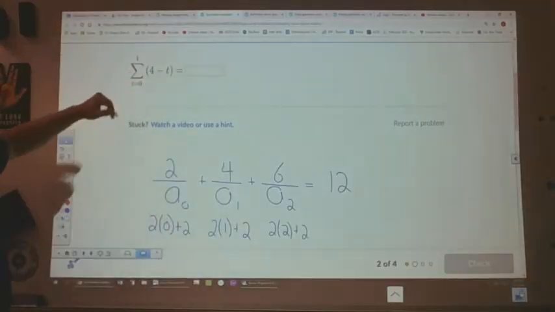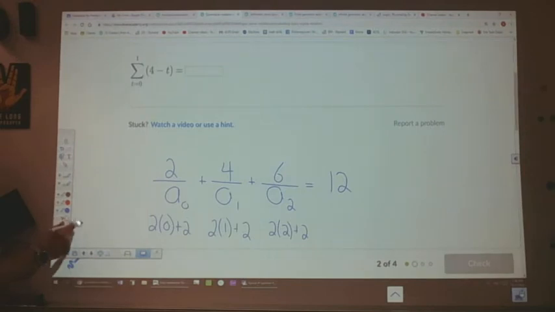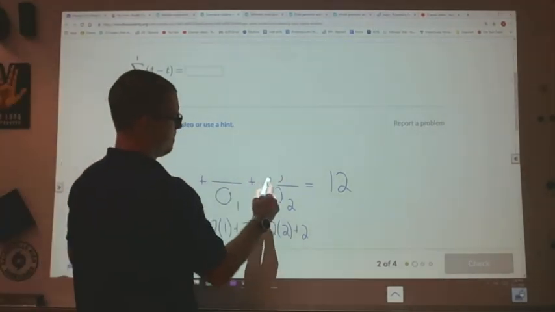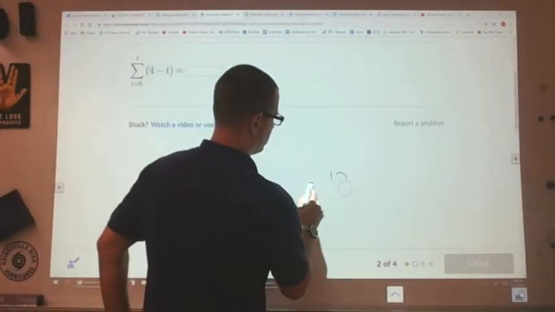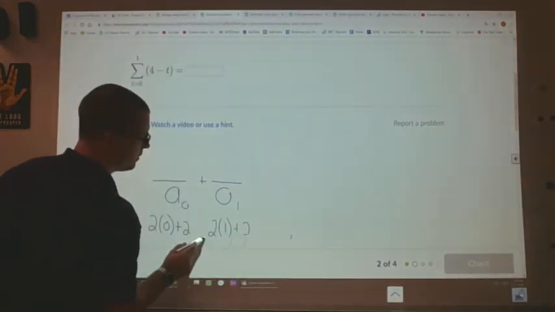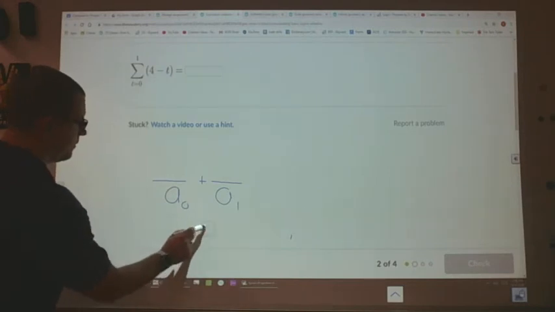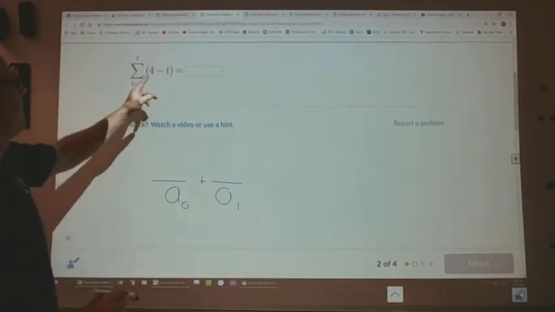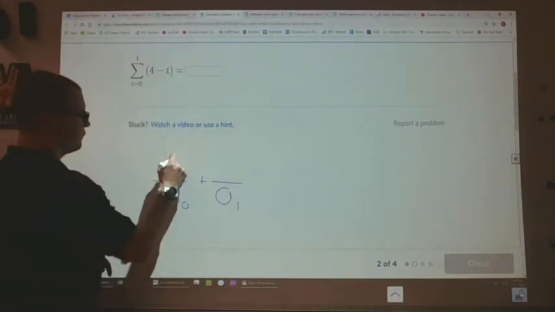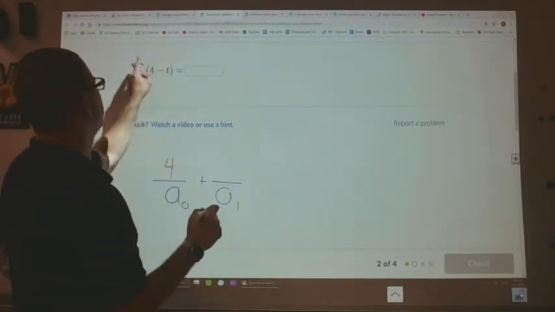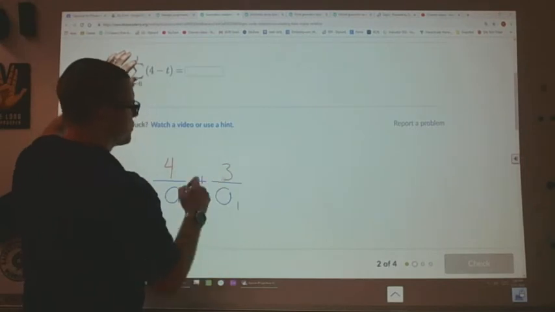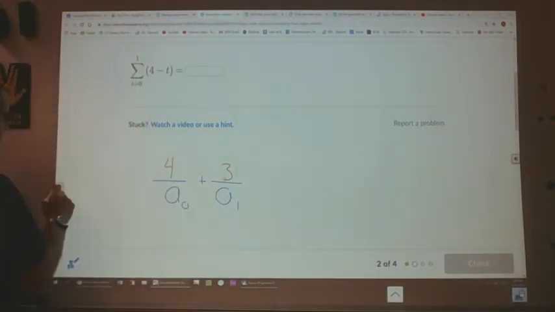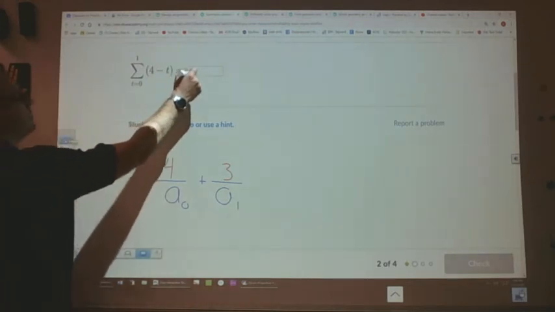Same idea. This is just a sub 0 and a sub 1. And again, if we plug those in, 4 minus 0 is 4. 4 minus 1 is 3. That's all the terms from 0 to 1. So 4 plus 3 is 7.